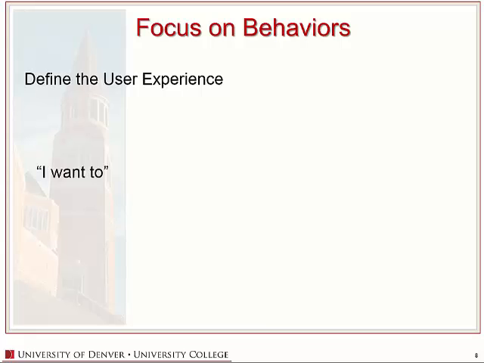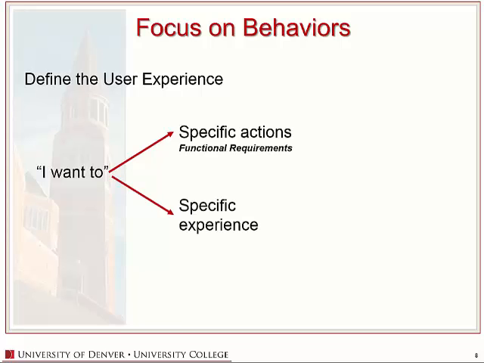We take the "I want to" part of the user story and break it down into the specific actions, which are the functional requirements, and we also want to describe the specific experiences that our customers or users will experience, and those are likely to be the non-functional requirements.